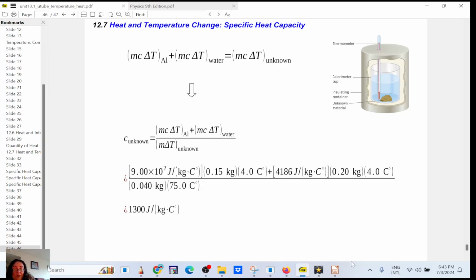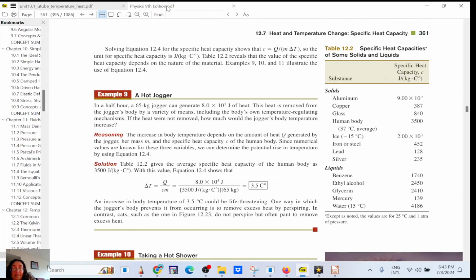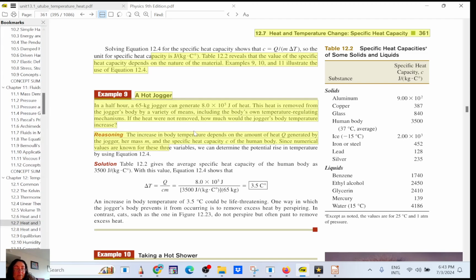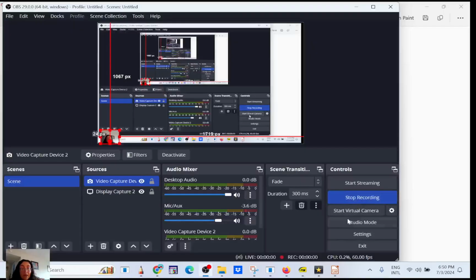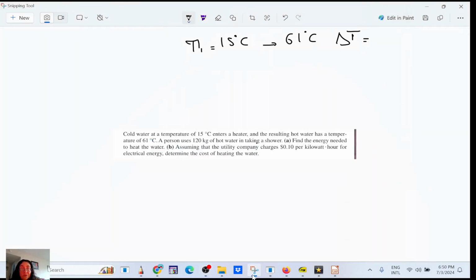Let's see. I had one more problem that comes from your book here, and okay, I think it's page 360. So this one comes from your book.